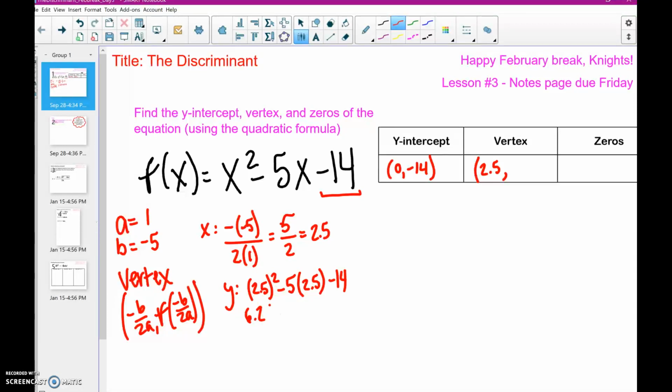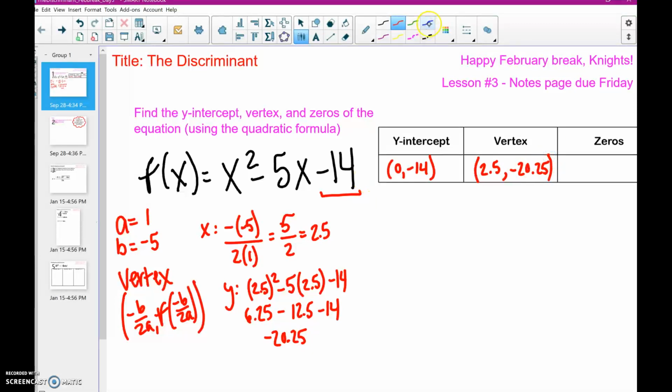So 2.5 squared is 6.25 minus 5 times 2.5, which is 12.5, minus 14. So we're doing 6.25 minus the 12.5 minus 14. And when you do that, you'll get negative 20.25. So we found our vertex, filling in our y-coordinate there.